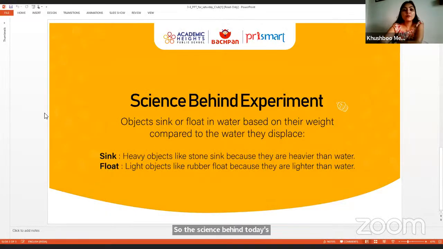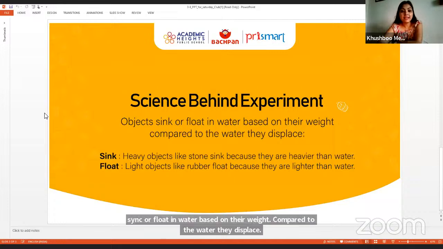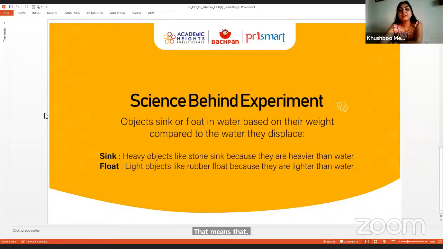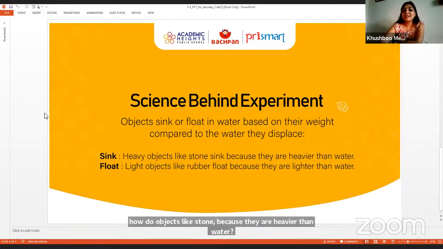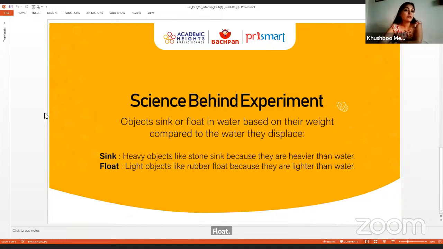So the science behind today's experiment is objects sink or float in water based on their weight compared to the water they displace. That means heavy objects like stone sink because they are heavier than water. Light objects like rubber float because they are lighter than water.